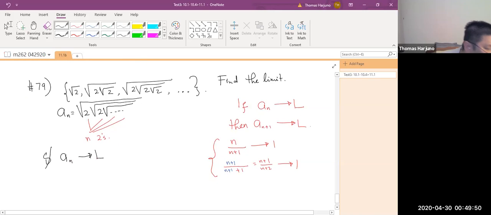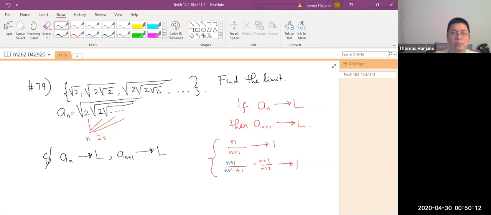They tell us to find the limit, so it must converge to somewhere. Let's call that L. But because A sub n converges to L, what happens to A sub n plus 1? According to what I showed you, it will also converge to L.